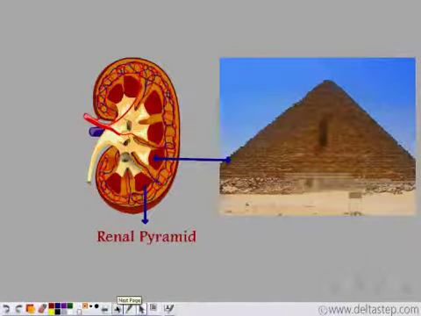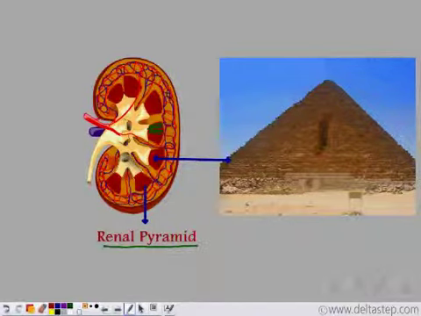The medulla consists of these fiber-like structures, and these fiber-like structures form pyramids and are known as renal pyramids. Renal means kidney. So the pyramid-like structures that are present in the medulla of the kidney is known as the renal pyramid.